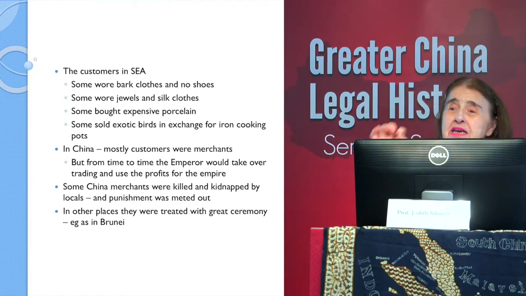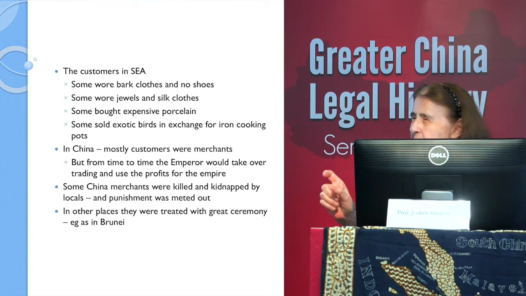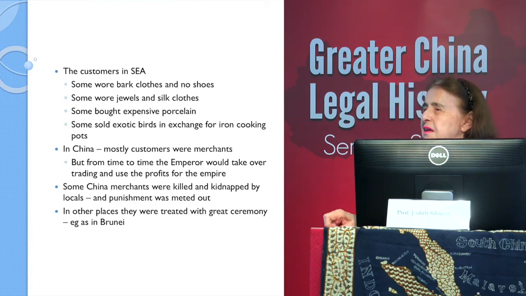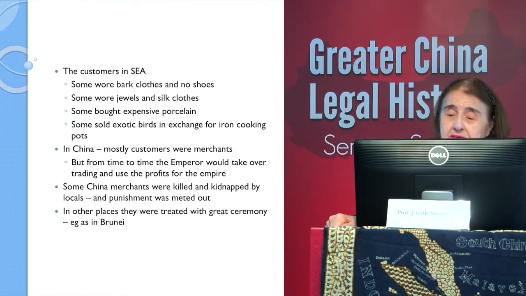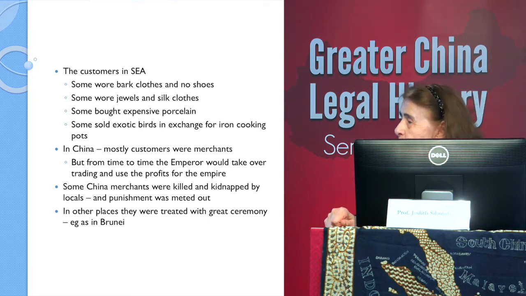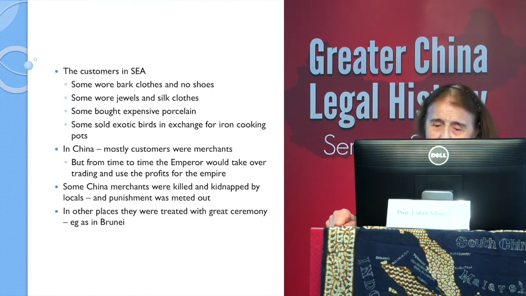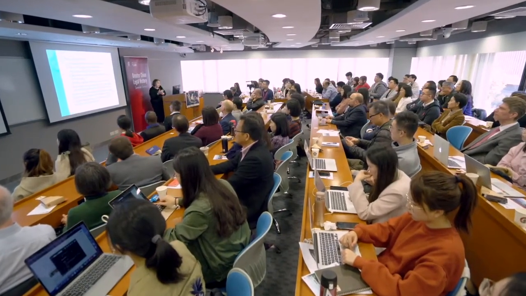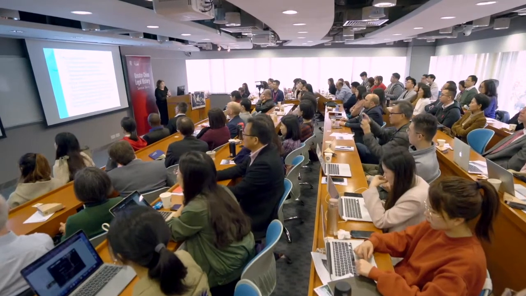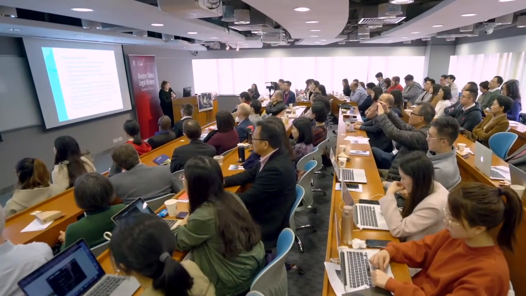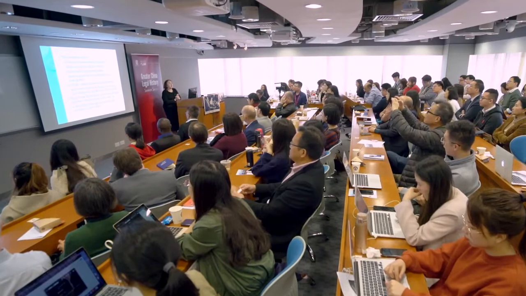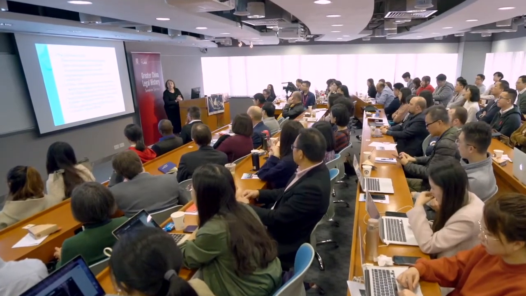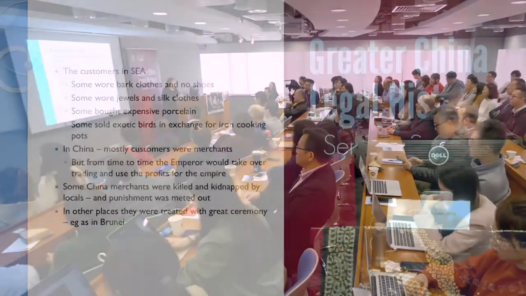Now, this is the key for China's great fortunes in Southeast Asia, porcelain. Some sold exotic birds in exchange for iron cooking pots. Most customers were merchants coming in from China, but sometimes the emperor would take over one of the expeditions down south. Some were killed, kidnapped, there were punishments, and in Brunei, they were the best friends of the Sultan and the whole of Brunei. Couldn't go wrong.